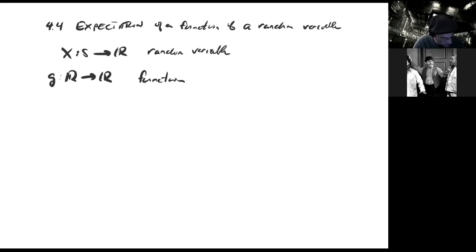So then I can form the composition. If you think of a function as inputs and outputs, I can do X first, and then I can do G afterwards to get a new random variable. And this is a new random variable.